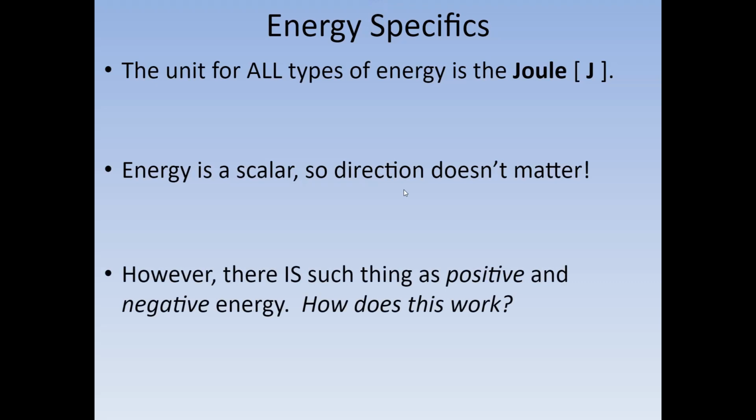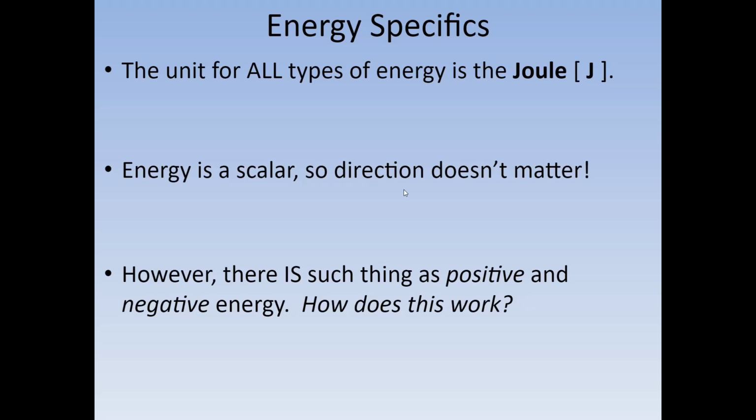However, there is such a thing as positive and negative energy. You could think about how this works, but I'll tell you right now that with energy, positive and negative means adding or subtracting, increasing or decreasing your energy. So if you have a potential energy of positive 50 joules, that basically means that you've added 50 joules of potential energy to the system.